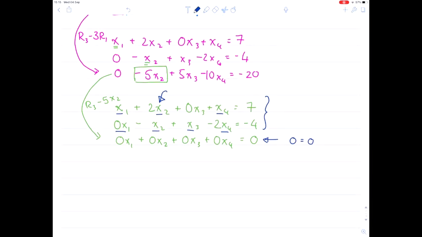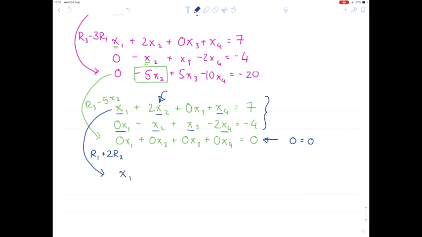Okay, so what I want to do is get rid of this 2x2. Well, the only thing I can really do is use my second row. So I'm going to say my first row becomes my first row plus 2 times my second row. So what does that give me?